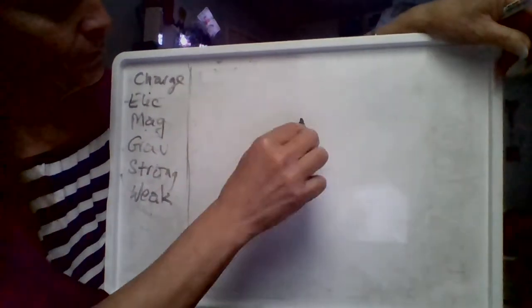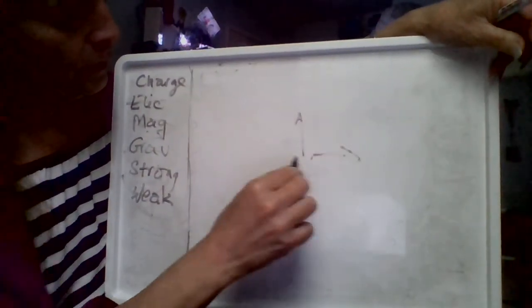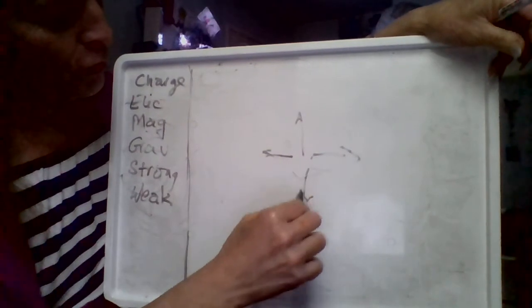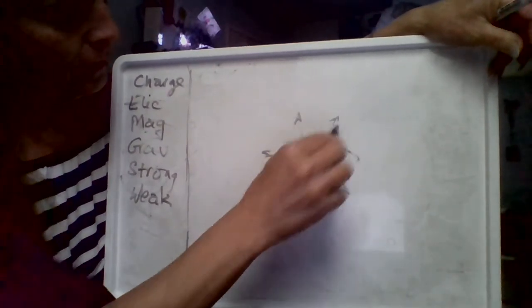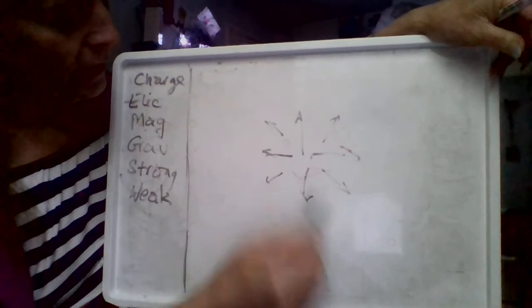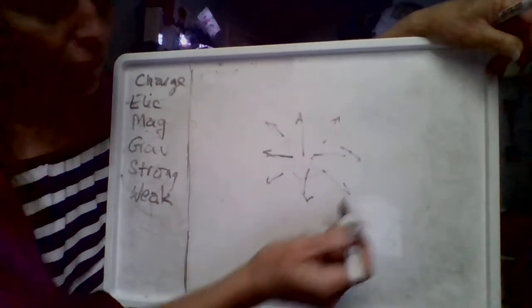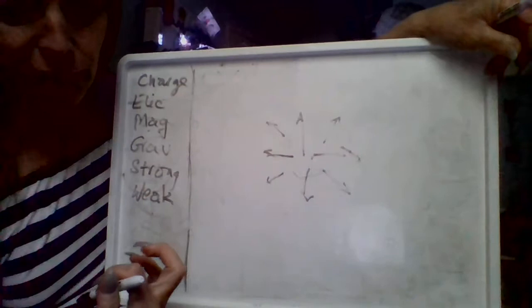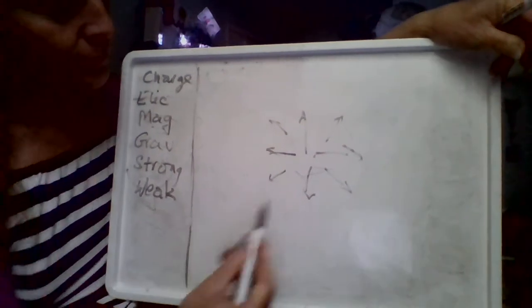So, charge. Okay, easy. Negative charge is an inflow, as they call it, because it flows into our dimension, our space.